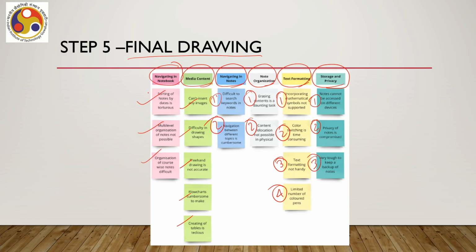So, essentially the total 19 ideas that we have seen earlier, we can organize into these 6 groups.